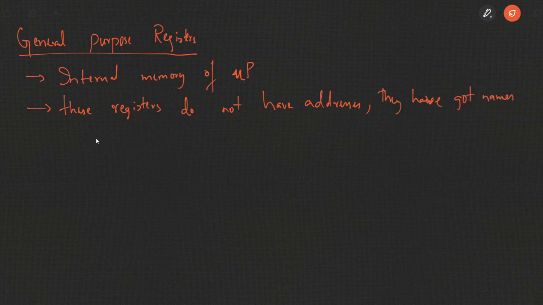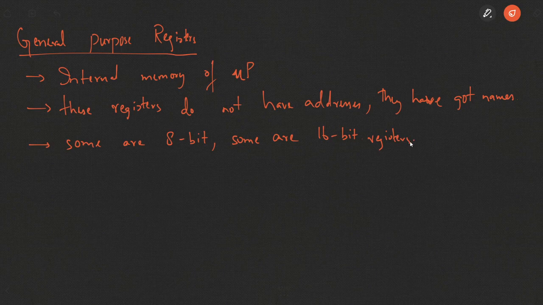Some of them are 8-bit, some are 16-bit. We can access 16 bits of memory using the 8085 microprocessor, so you have both 8-bit registers as well as 16-bit registers associated with it.